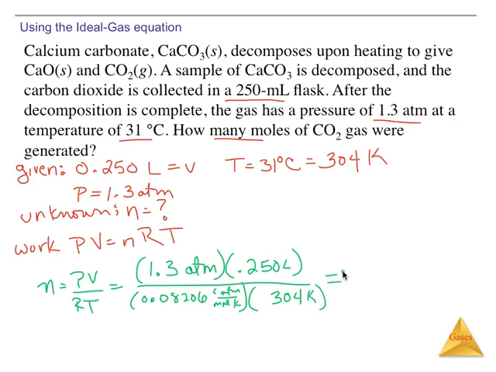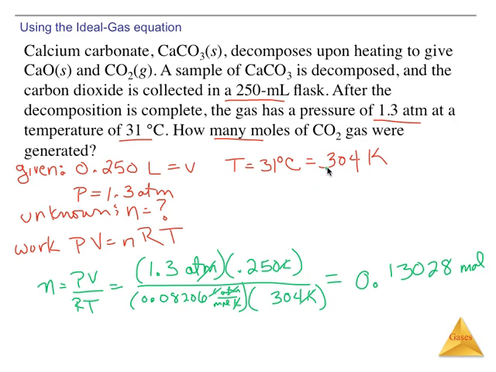Putting that in the calculator, 1.3 times 0.25 divided by 0.08206 divided by 304 gives me 0.13028 moles. Kelvins cancel, atmospheres cancel, liters cancel. I was left with 1 over moles, which ends up being moles.